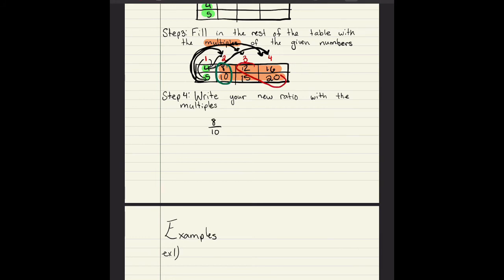What does not make sense is if we did 12 and 20. Because 12, 4 times 3 is 12. 5 times 4 is 20, so those would not be equivalent. But what would work is 16 over 20.